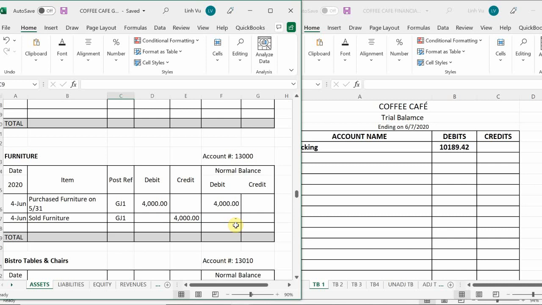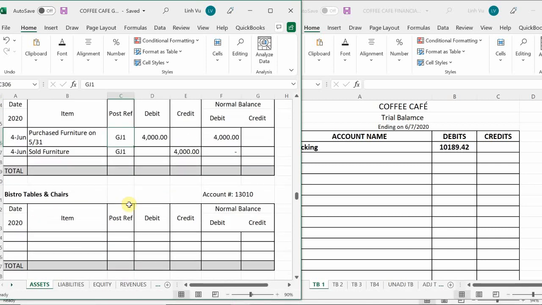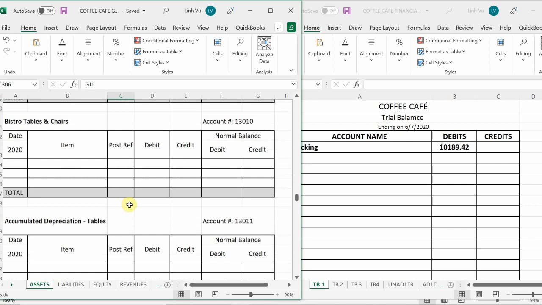No, because what is 0 going to do in my trial balance? It does nothing. But now we know furniture, we had something there, but we ended up canceling out or zeroing it out. So therefore, we don't need to put it in our trial balance, okay?